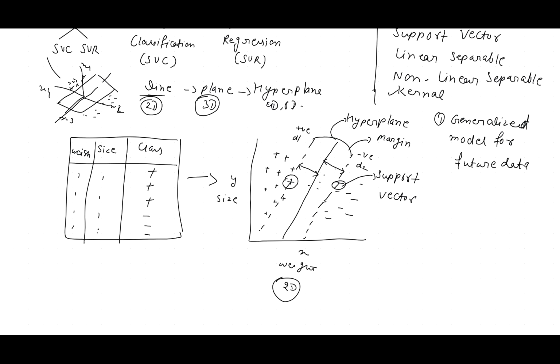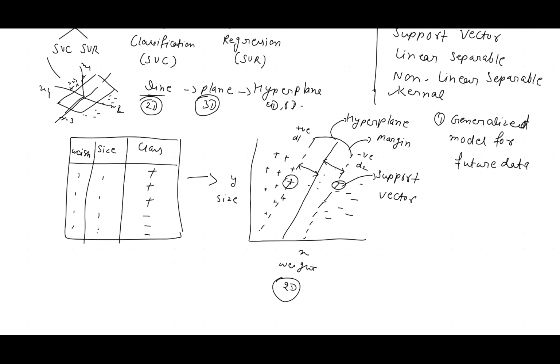But in the SVM, it has a distance between this line and the data points, which is the drawn plane; this is totally called hyperplane. So this is making a distance. In a future data set or test data, even if you have data points here, they will still be classified clearly, because it has a distance, a space between them.